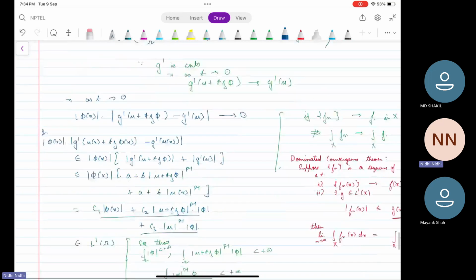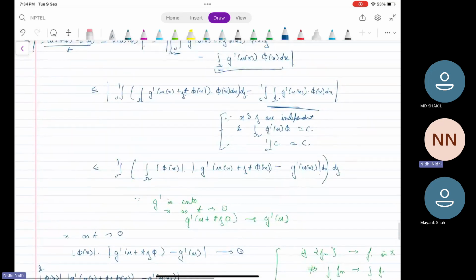So eventually, by dominated convergence theorem, this term will converge to 0 as t tends to 0.